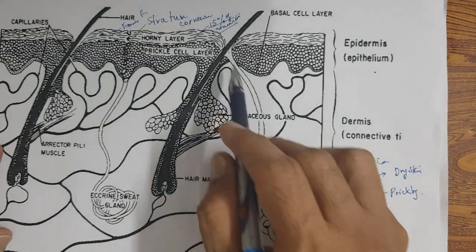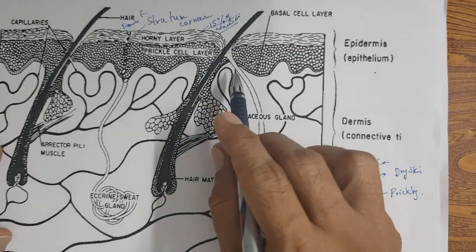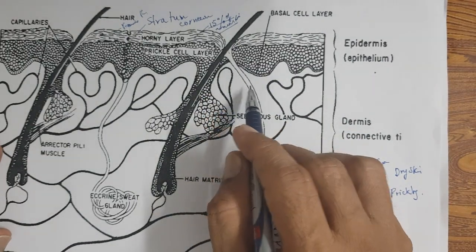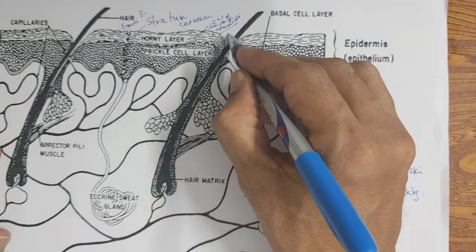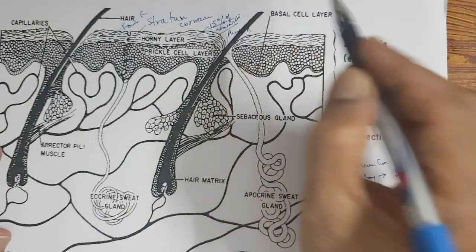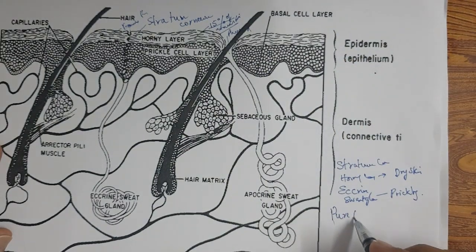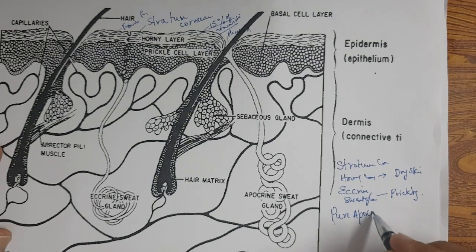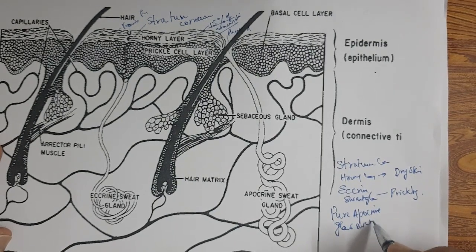So it is concentrated only on certain areas. Pure apocrine gland sweat has no odor, okay.